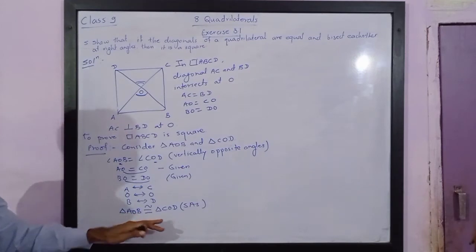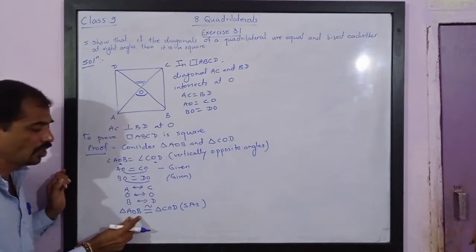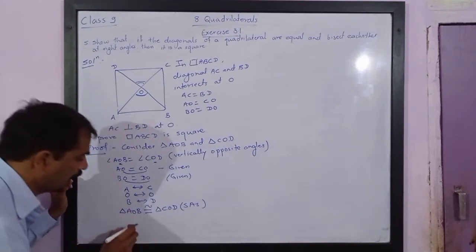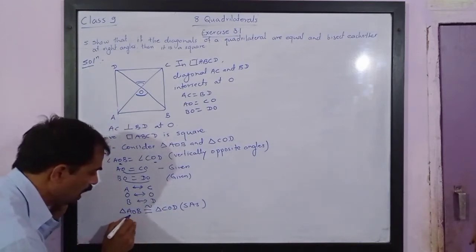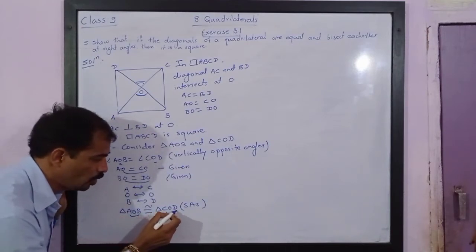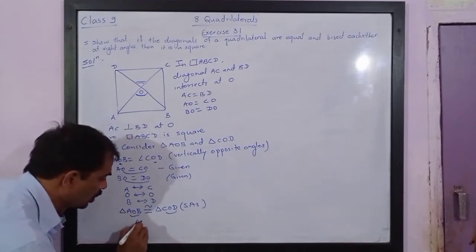Now, three sides of triangle AOB will coincide with three sides of triangle COD. So side AB, that is the side formed by first and second vertex, must be equal to side CD. So we will get AB equals CD.